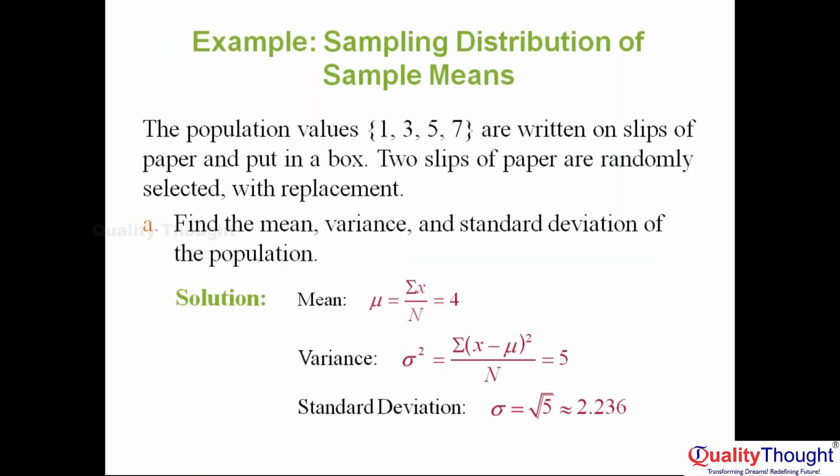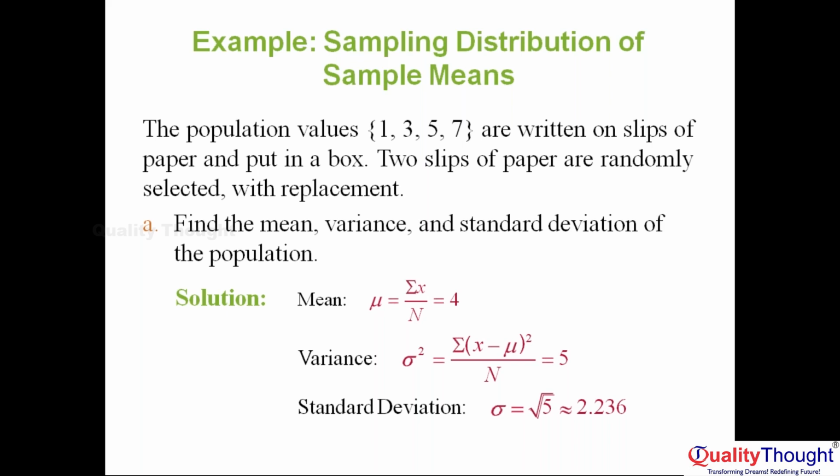Now the population values you can identify are 1, 3, 5, 7, which are written on slips of paper and put in a box. Two slips of paper are randomly selected with replacement. This is not without replacement, this is with replacement. Can you tell me how many population values there are here?